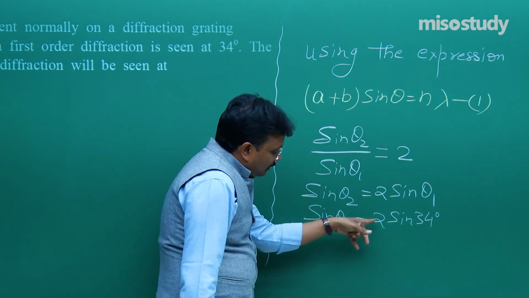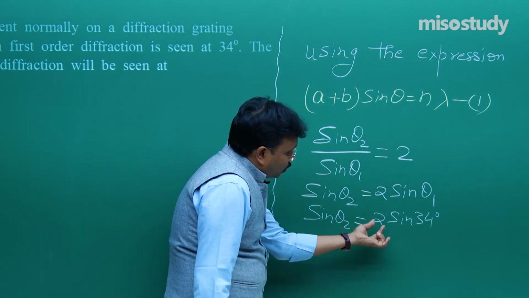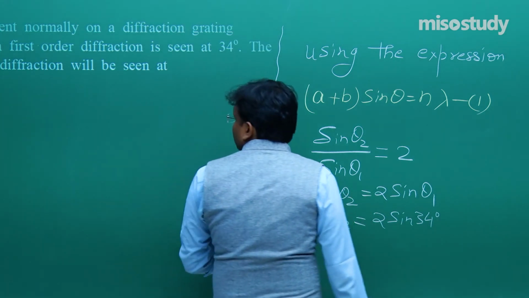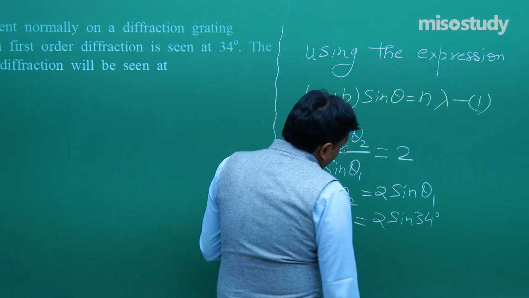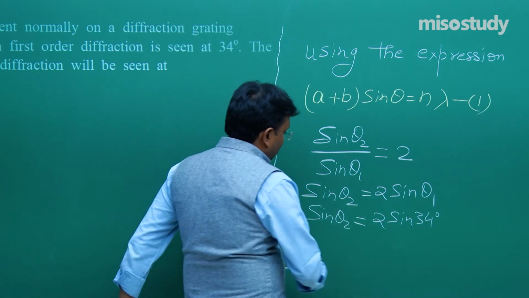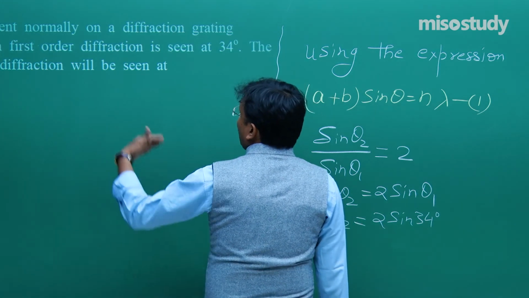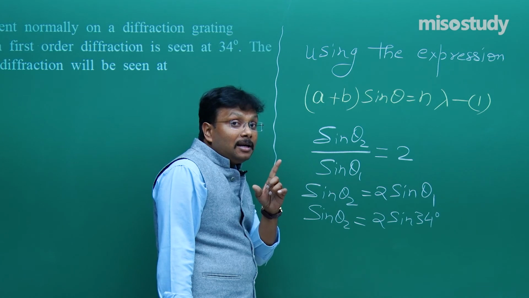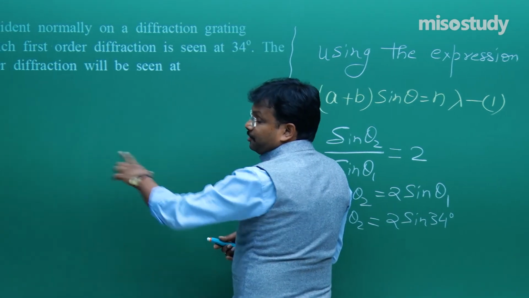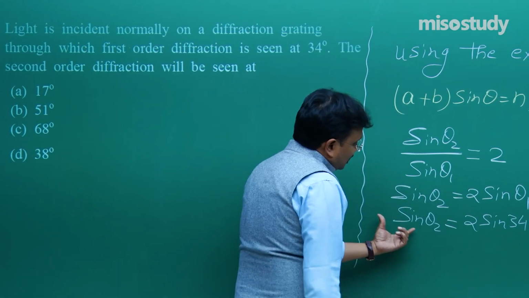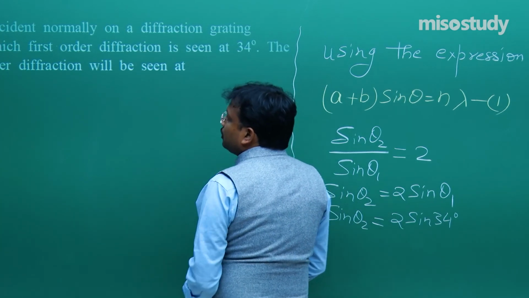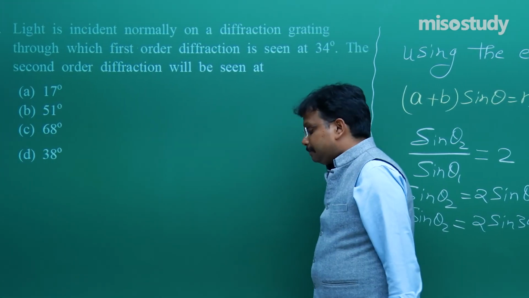Multiply 0.56 with 2, you will get sin theta 2 greater than 1, which is not possible. So you have to subtract that value from your 90 degree angle, and then you can find the correct answer, which is D. So this is a checking condition. And then you can easily find the solution of this problem using this formula.